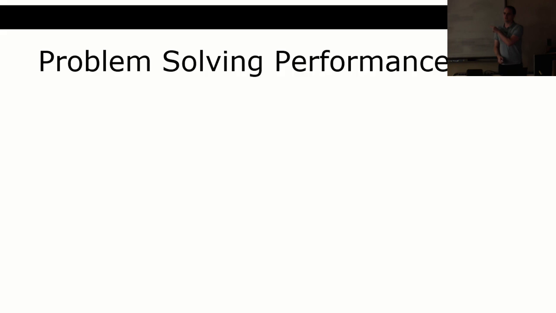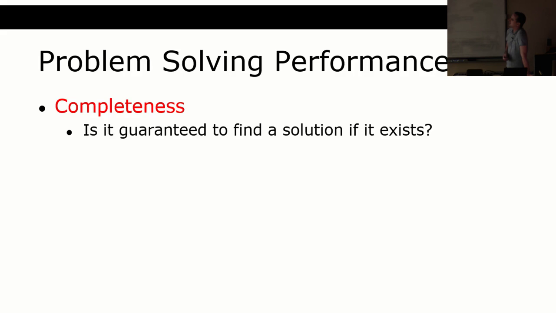But before we get into the algorithms, we are computer scientists, so we want to evaluate the effectiveness of those algorithms, right? And there are a number of different ways to do that. One is completeness, meaning, is it guaranteed to find a solution if it exists? Is it complete in its search?